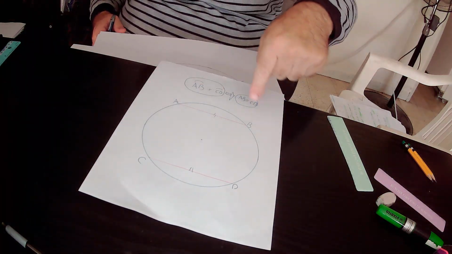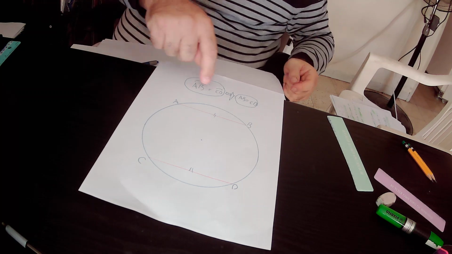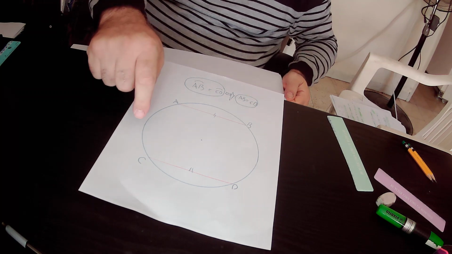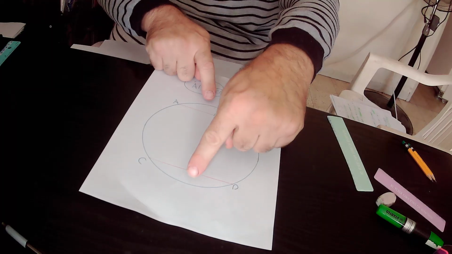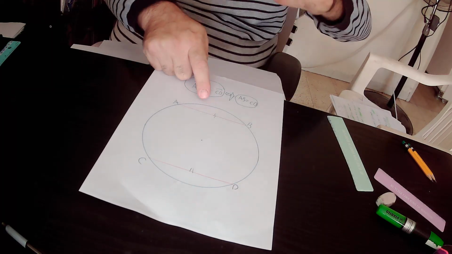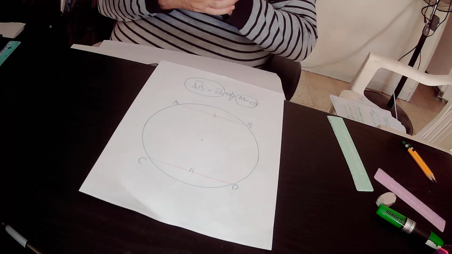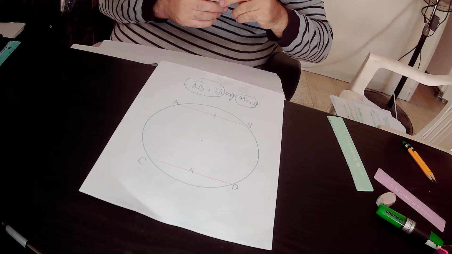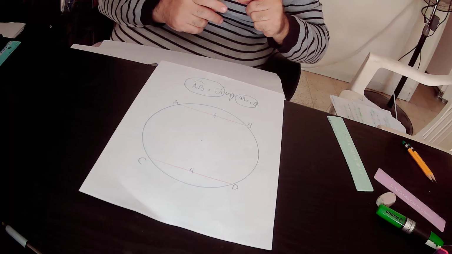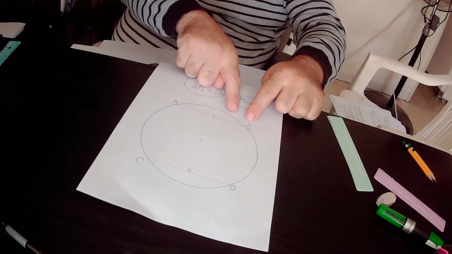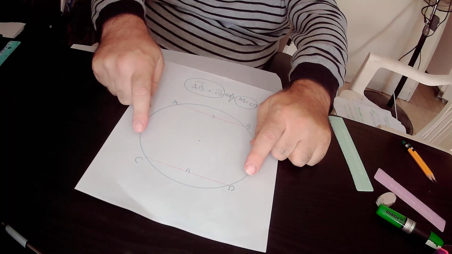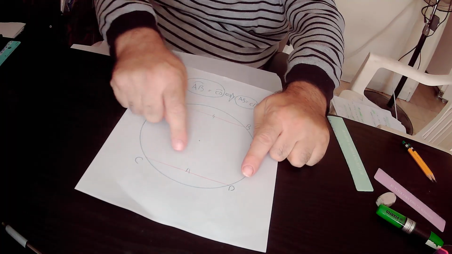The drawing in a second. This is arc AB equals this arc CD in its length. Again, those two arcs are equal to each other in their lengths, and therefore, according to this rule 56, their corresponding chords must also be equal to each other in their lengths. The corresponding chord of this arc AB is chord AB, and the corresponding chord of this arc CD is chord CD.